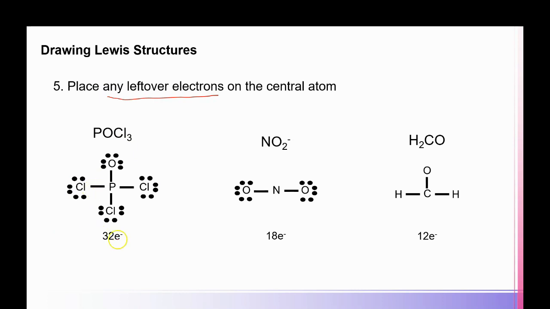Remember this one has 0 electrons left: 32 minus 8 minus 24. So that's it, we are not going to do anything. For this one, 18 minus 4 minus 12, we have 2 electrons left. If there are 2 electrons left, let's go ahead and put them on the center one. And again, I will leave the last molecule to you.